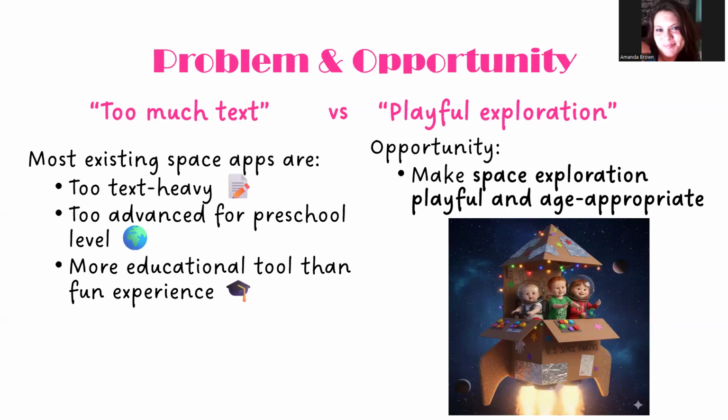Features and functionality for the app: solar system overview, animated planets orbit around the sun, tap to learn. Tapping a planet zooms in and presents one or two fun facts displayed in large, simple text and is also read aloud.